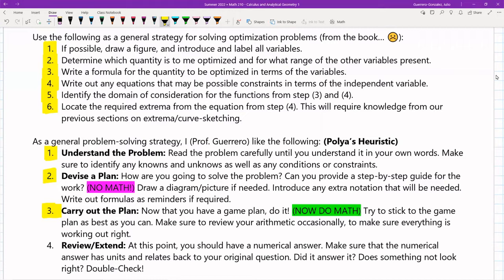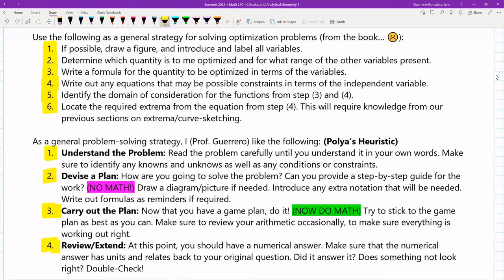Stick to the game plan as best you can. If something throws you a little off, that's fine, but keep going. Make sure you review the arithmetic and that everything's working out right. This is where you're concentrating on getting the nitpicky stuff correct.